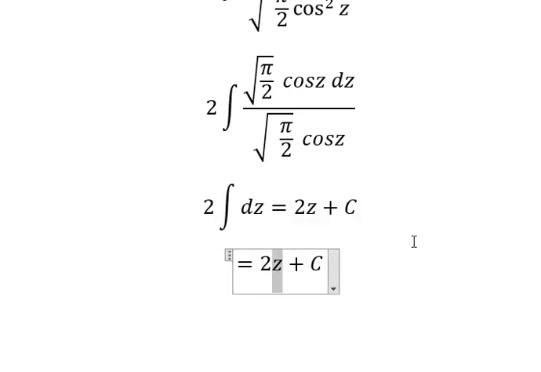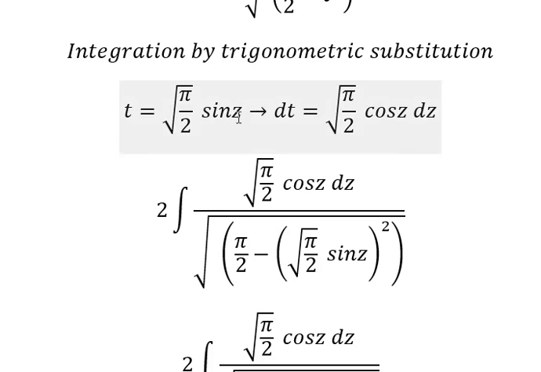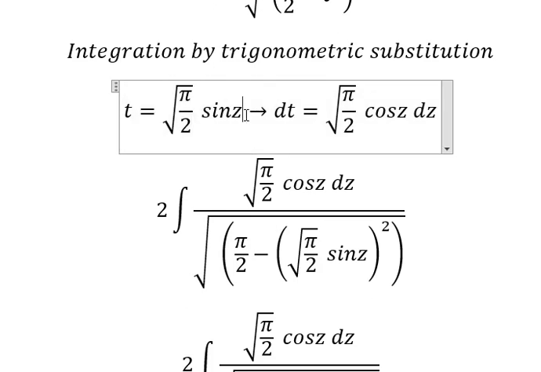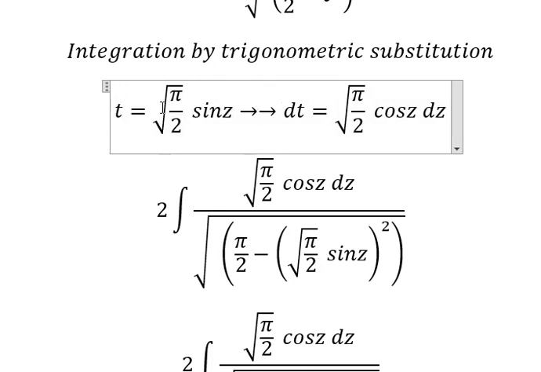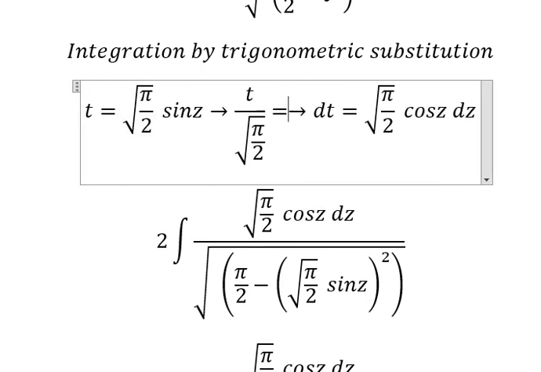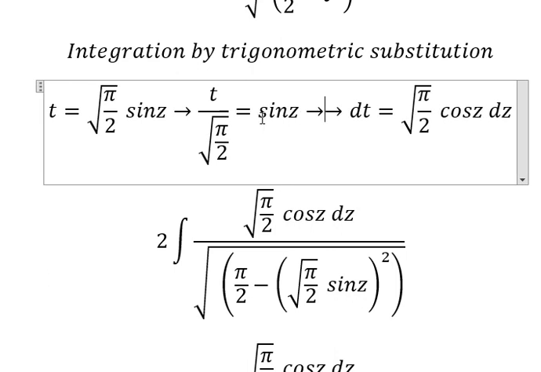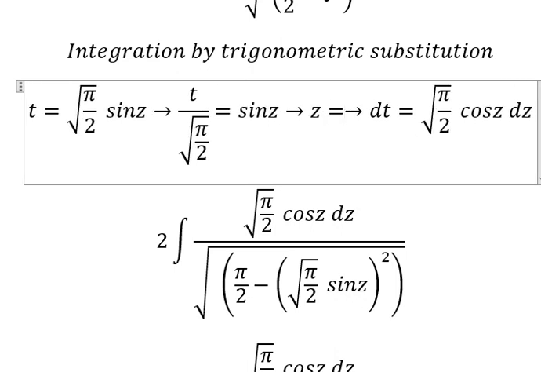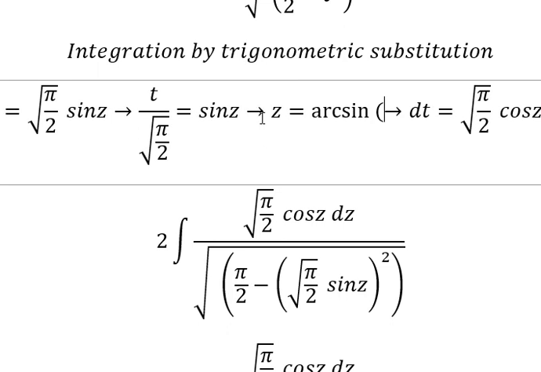About z, that is about this one. So we divide both sides by the square root of π over 2. And now we have the value of z equal to the outside of this one.